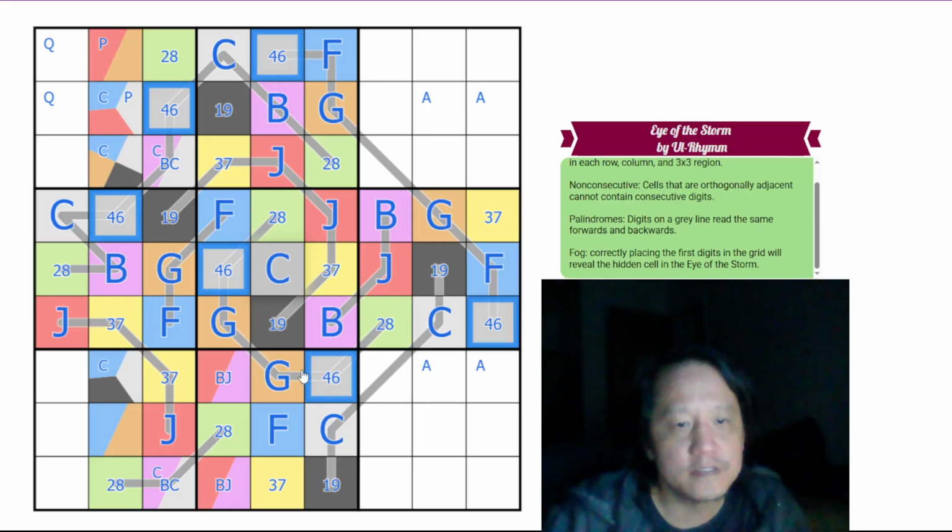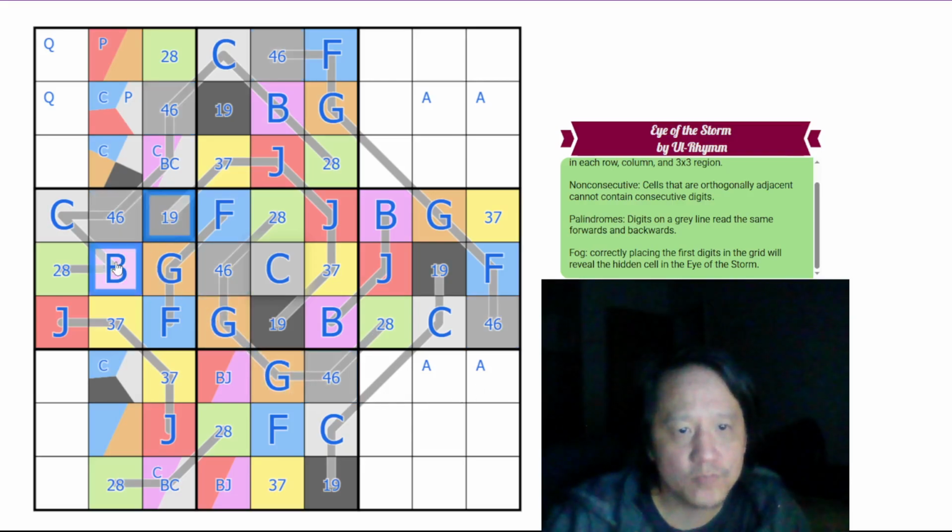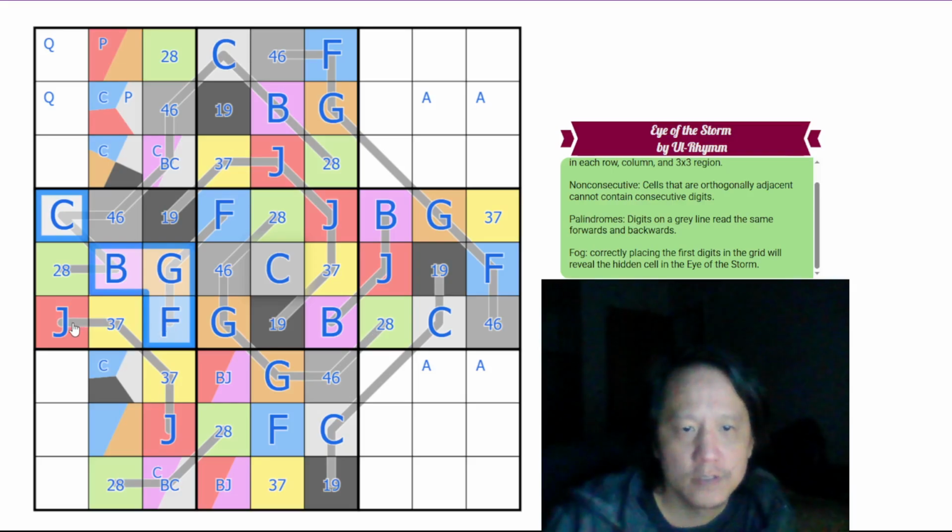What is D next to? We have B, C, F, G. So D cannot be next to J. So J has to be a 5.